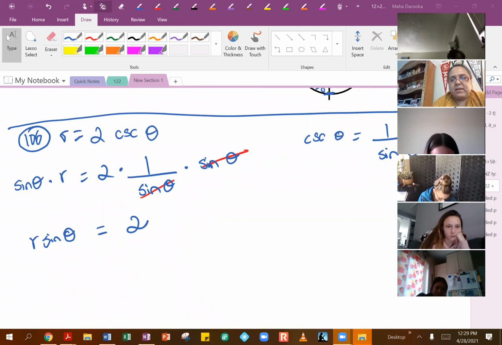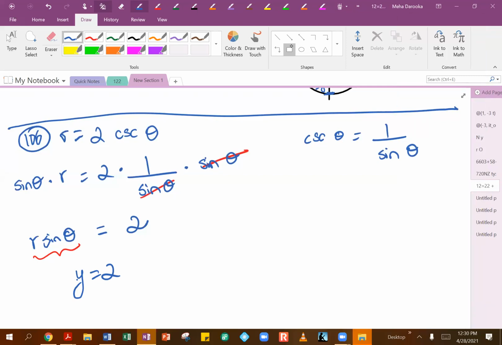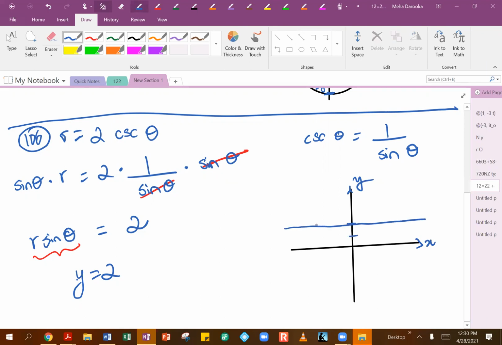R times sine theta is defined for which? Yeah, Katie, very nice. R times sine theta is what we define for the y value. So this guy will become y equals 2. And so again, if you try to graph that, in your x and y coordinate plane, y equals 2, of course, is a horizontal line that passes through the point y equals 2.